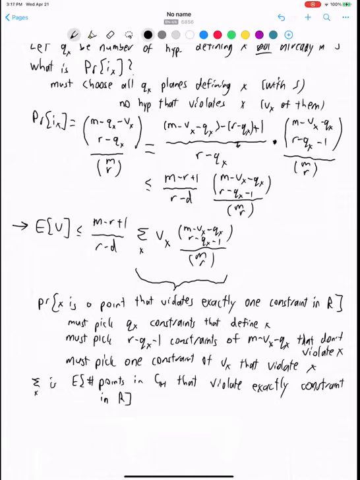Okay. So what is that expectation? Well, I don't even need to think about it as an expectation anymore. If I look at my sample R, how many points that are defined by subsets of vertices of hyperplanes in R violate exactly one constraint in R?